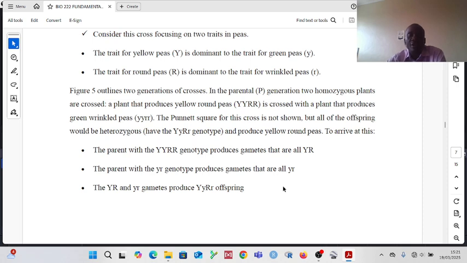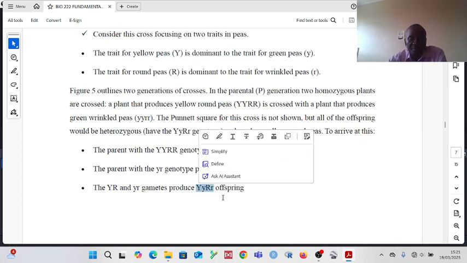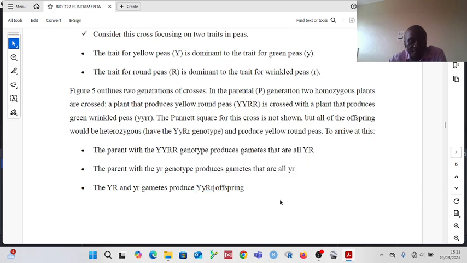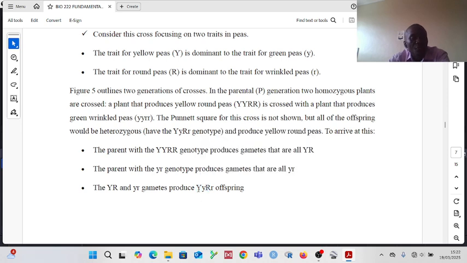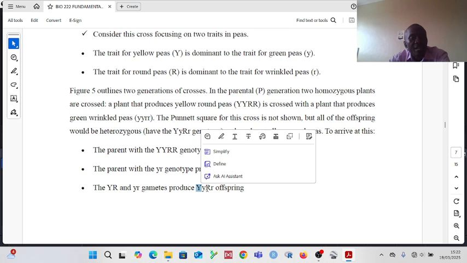Why? Because they were homozygous, one dominant, the other recessive. So if you look at the phenotype of this offspring, it will be yellow and round. Why is it yellow and round? Because capital Y is dominant and capital R is dominant. Y codes for yellow color. R codes for round shape.